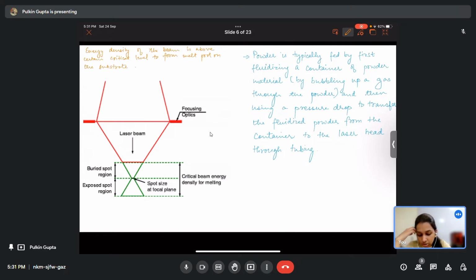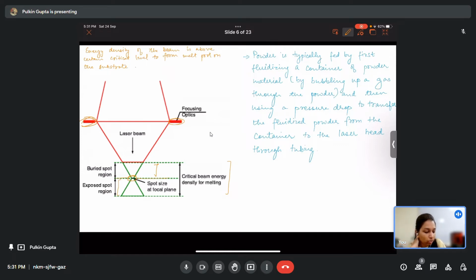All right, so let us see the schematic of the laser optics and energy density terminology. So this is your focusing optics, which is causing you to focus the laser beam. Now, this is your entire energy beam density which is required for melting. So here is your focal plane in which it is being focused, and this is the buried spot region and this is the exposed spot region.